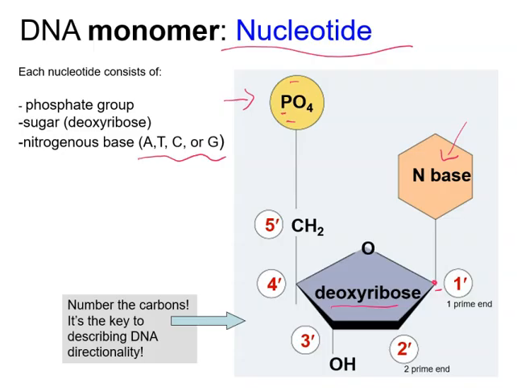So this is the carbon right here, and we're going to call it 1' end. And then once you find your base, remember, you just go clockwise and count all these carbons. So this will be your carbon number 2. We're going to call it 2' end. Carbon number 3, 3' end. Carbon number 4, 4' end. And carbon number 5 is off the ring because we only have oxygen atom right here. So the carbon number 5 is sitting right there.